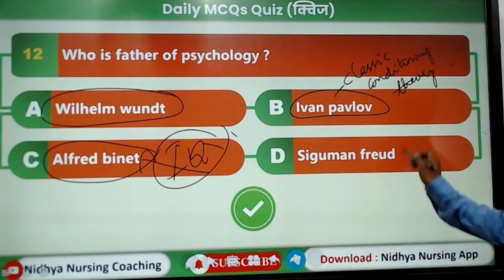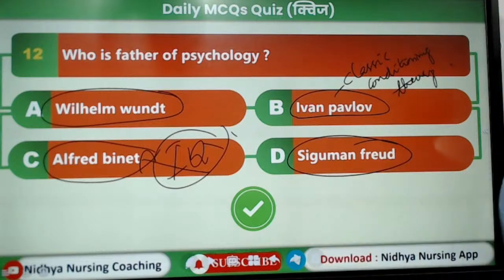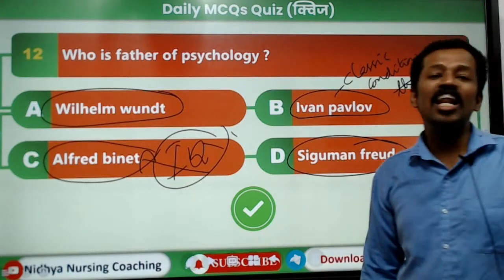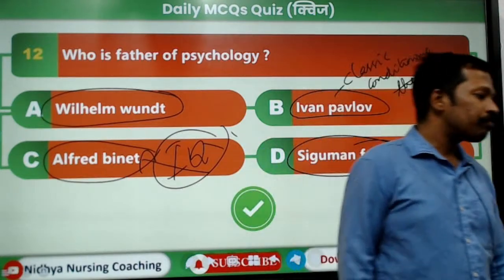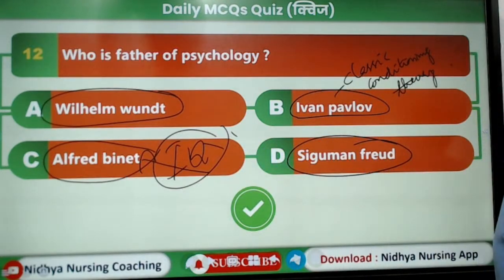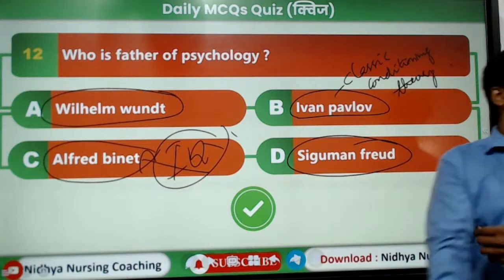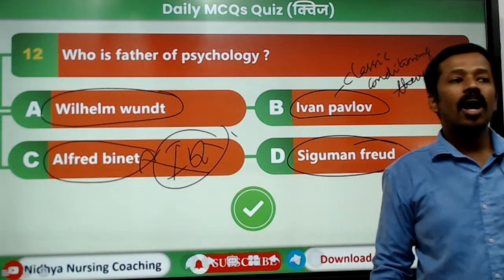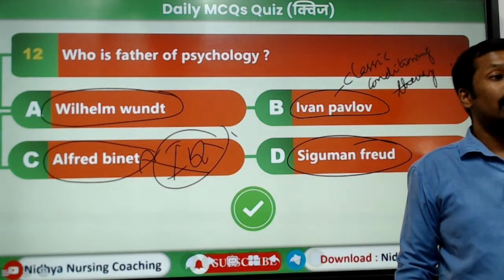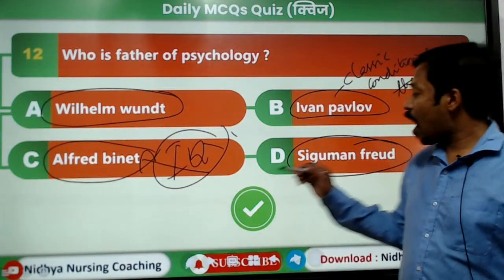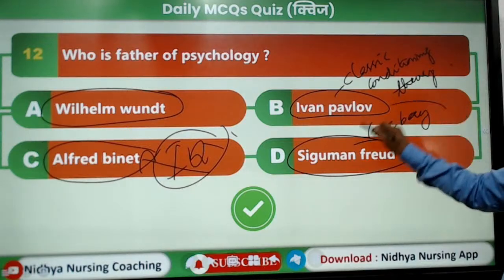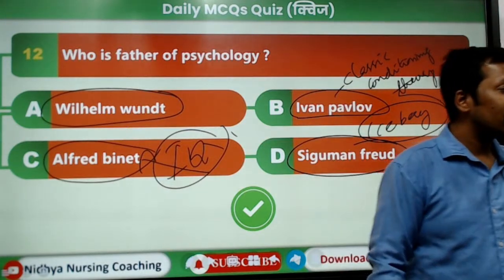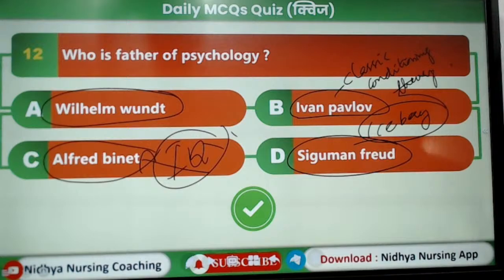And then Sigmund Freud. We know that psychoanalytical theory was put forward by Sigmund Freud. Then who put forward the iceberg theory, the iceberg concept?